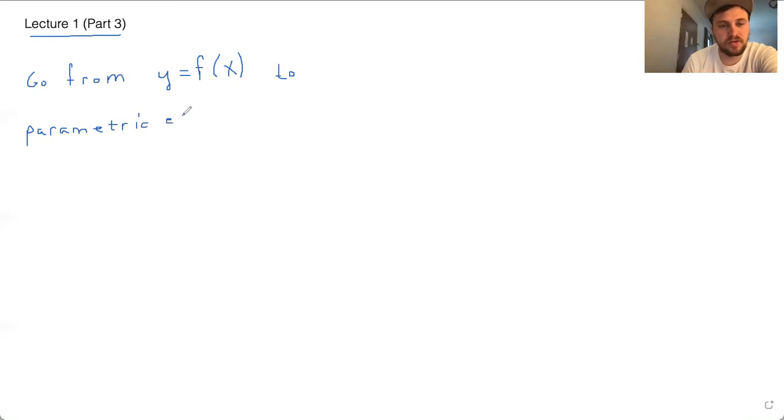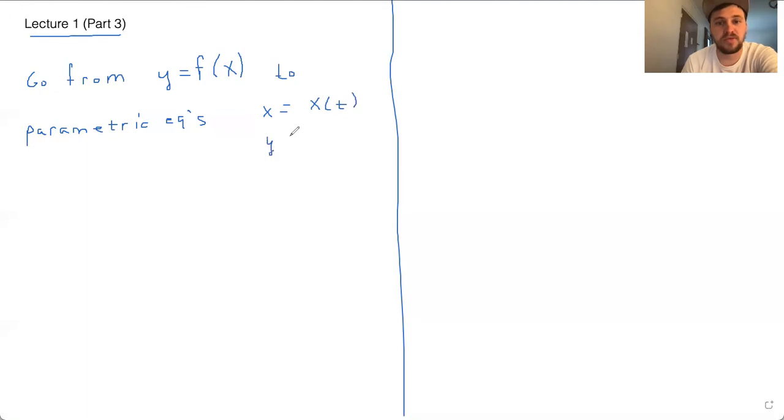I could say x equals x of t, y equals y of t. Again, some bounds would have to be introduced, but right now what we're primarily focused on is changing from this curve expressed in terms of y as a function of x to this curve expressed as a parametric curve here.